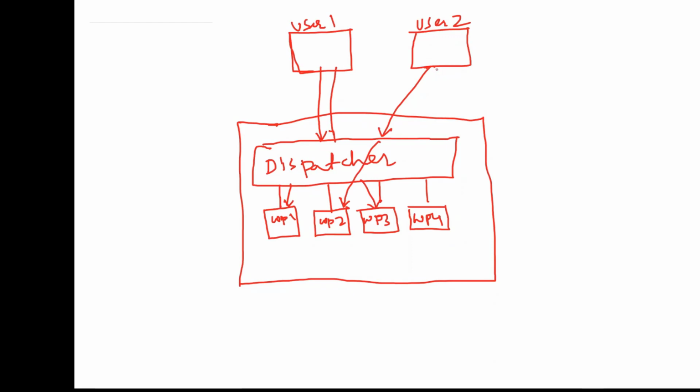Now, after 10 minutes, let's say user 2 is making a request, and by that time work process 1 has already finished the first request and is now free to take a new request. When user 2 makes a request, the dispatcher will see that work process 1 is free now because it has finished processing the previous user's request. So it can assign this task to work process 1. Okay.